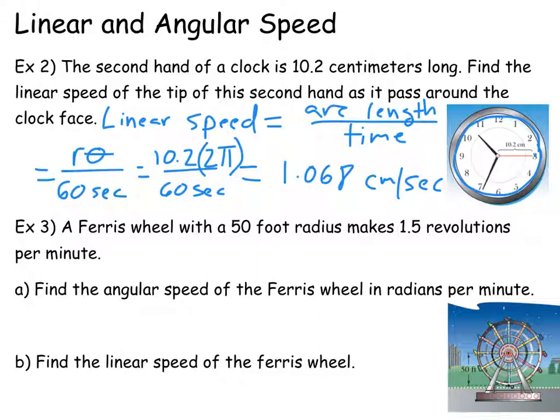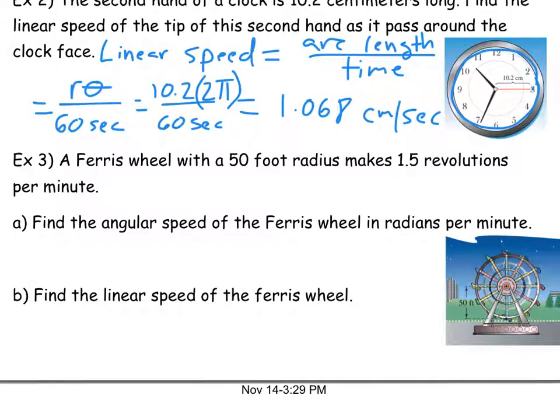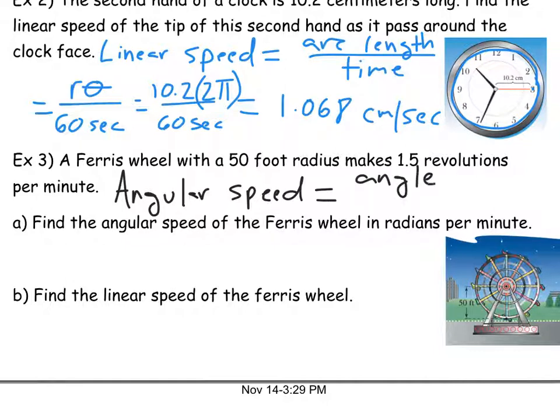Okay? Now, down in part, I'm switching context to this Ferris wheel. I want to add one more formula here, because the first part is going to get into angular speed. That is not based on an arc length. That is just the angle over time.